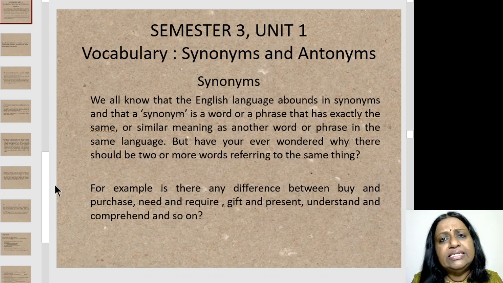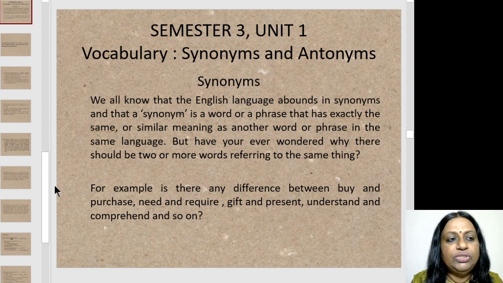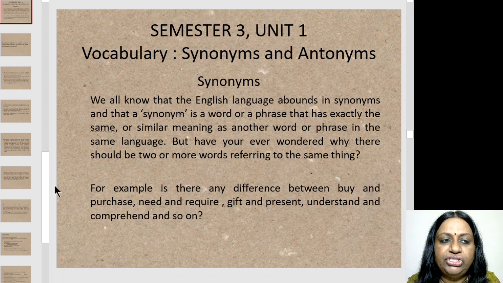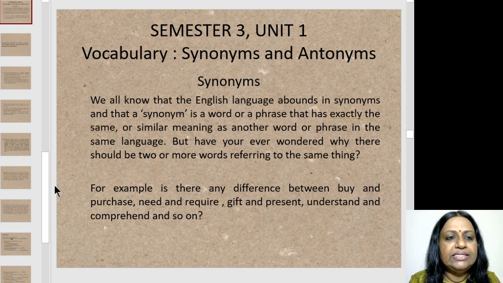Why do they mean the same thing? For example, what is the difference between buy and purchase? What is the difference between need and require? What is the difference between gift and present? Or what's the difference between comprehend and understand, to name a few?